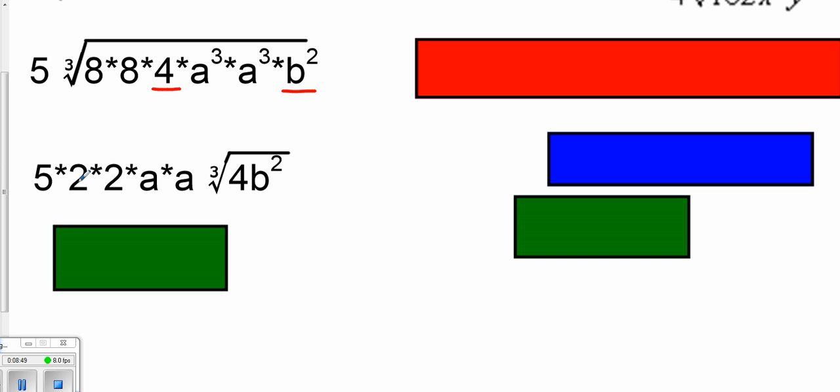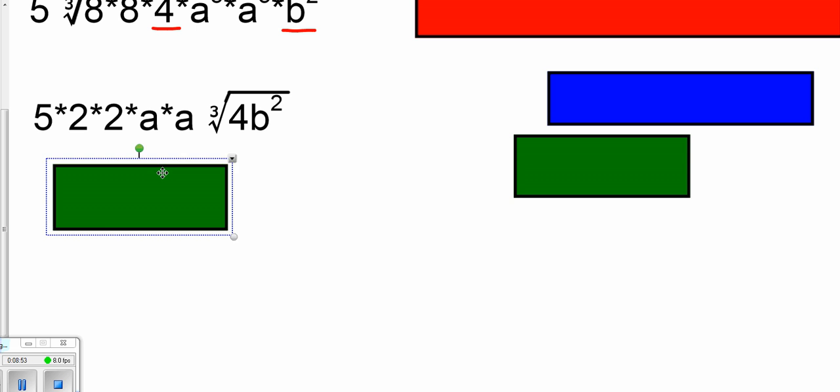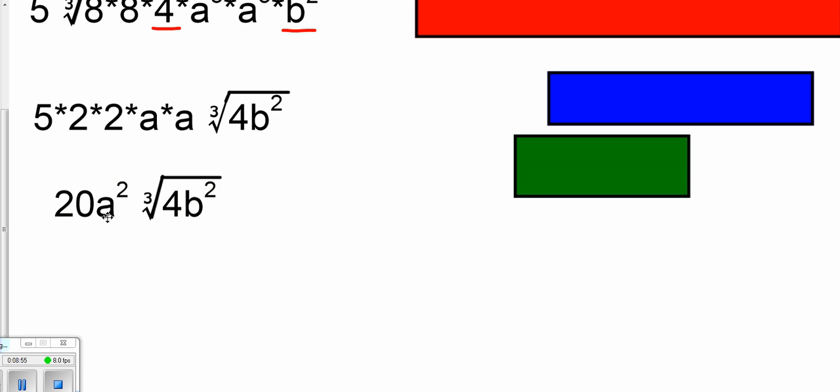So 5 times 2 times 2 times a would simplify down then to 20a squared on the outside times the cubic root of 4b squared. There isn't a cubic root of 4, there isn't a cubic root of b squared, because this is a power of 2, which is smaller than 3, so this is our simplified form.